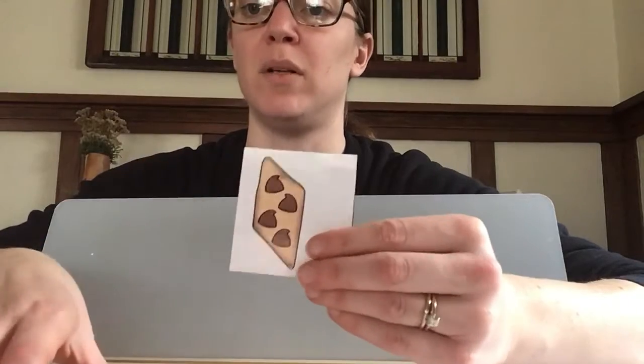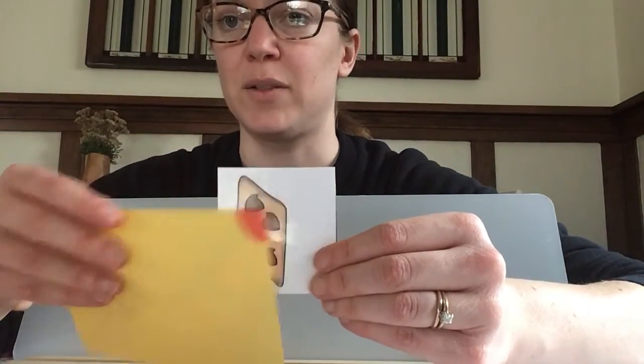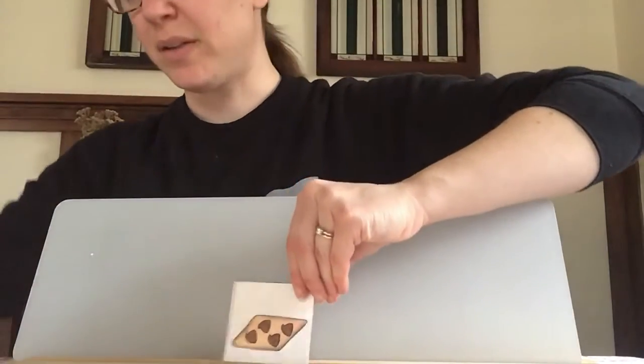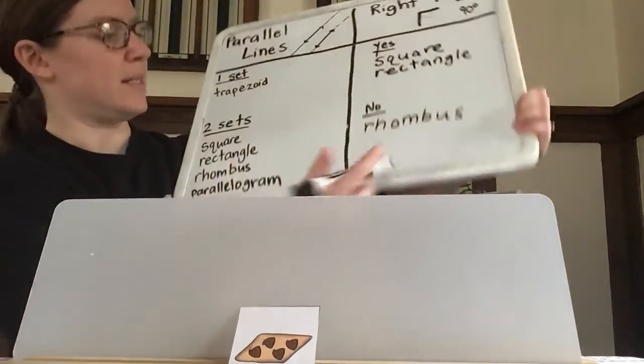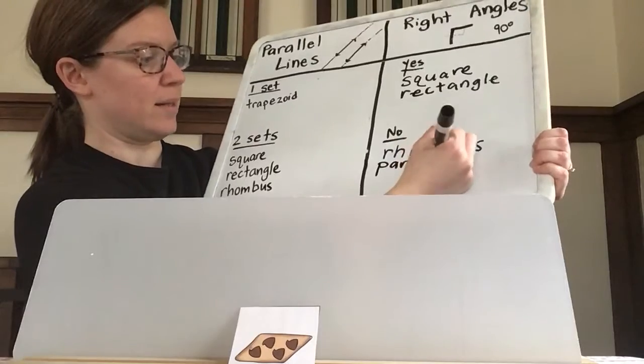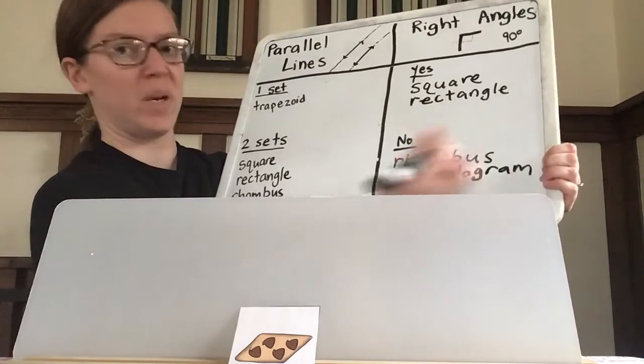If I keep going, not a right angle, too small. And the last one, not a right angle, too big. So if you go back to your notebook, we're going to take that parallelogram and we're going to say no. The parallelogram does not have right angles. P-A-R-A-L-L-E-L-O-G-R-A-M, parallelogram.